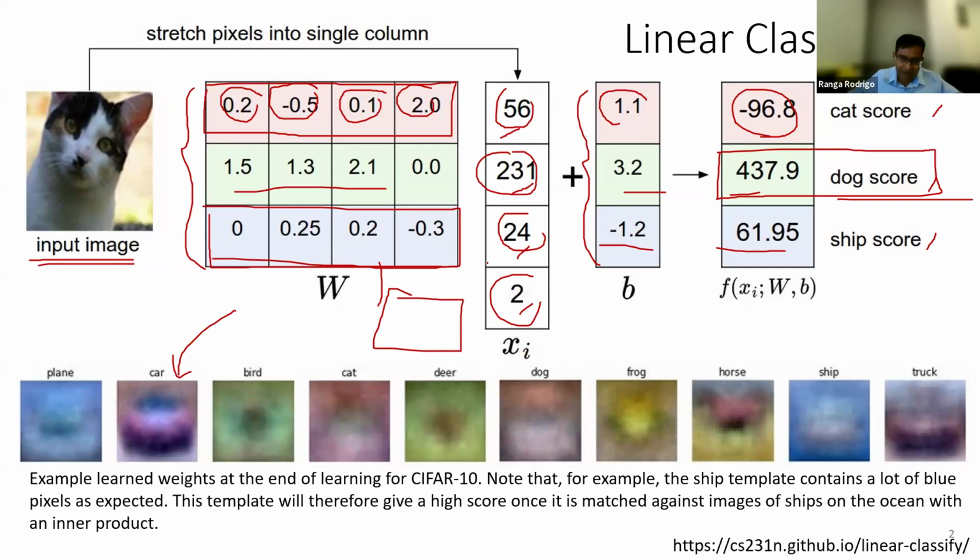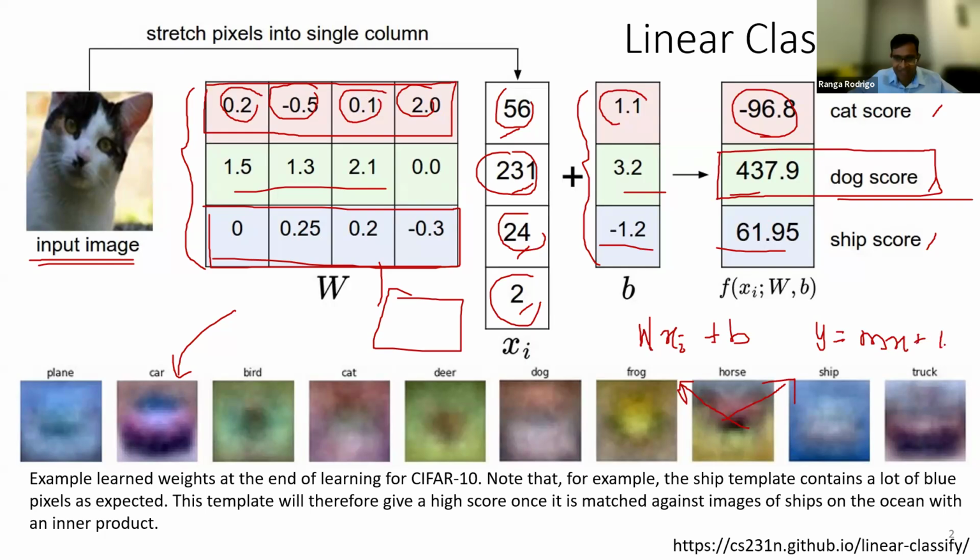For the horse one, you will see an image with horses pointing leftward and rightward. Why? In the training images, the horses were like that. So this is the thing called a linear classifier. Why? Because we are multiplying X with W and adding a bias. So you can see it is like Y equals MX plus C, right? It's a straight line.